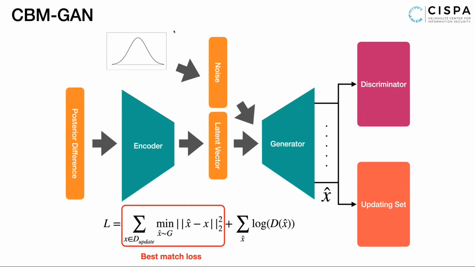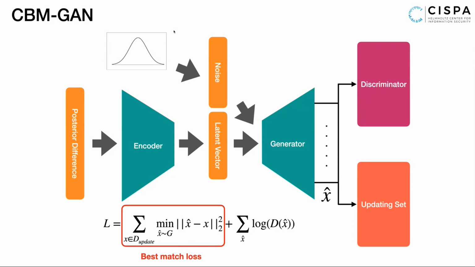This best match loss is actually very simple. It basically says that for every sample in the shadow updating set, let the generator learn an image x hat that is as close as possible to that sample.